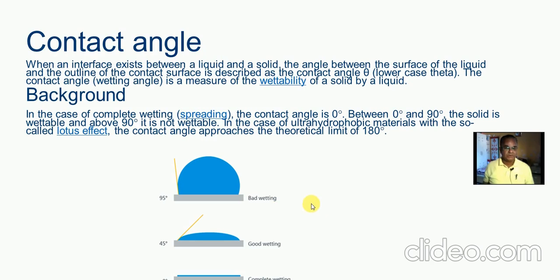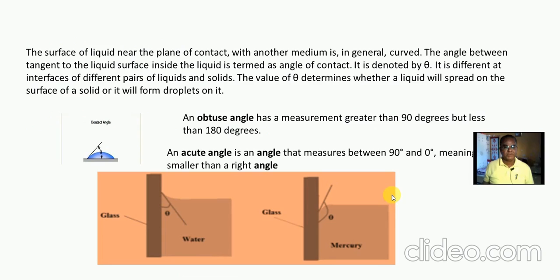Related to the angle of contact is wetting: when the angle of contact is 0, complete wetting; when it is about 45 degrees, good wetting; and above 95 degrees, bad wetting. That means the wetting concept is also related to the angle of contact.